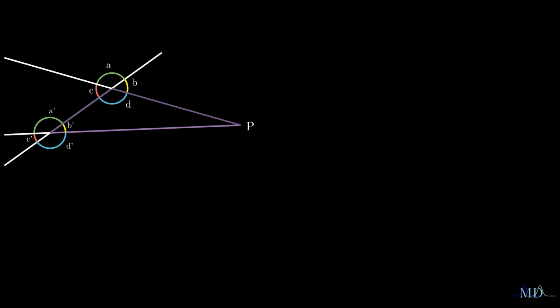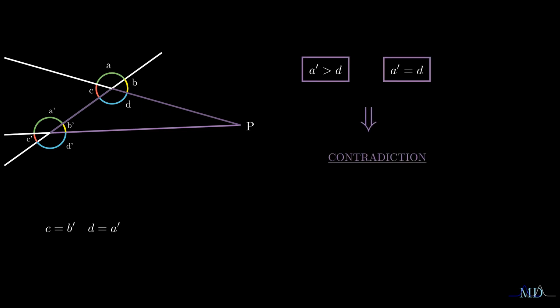We proceed quickly, since the proof is similar to the previous case. If we suppose that the two lines are not parallel, they should meet in a point P. We apply the exterior angle theorem to the purple triangle, and we obtain that A prime is greater than D. But we know from the hypothesis that A prime is equal to D. We have arrived at a contradiction. So the lines must be parallel.